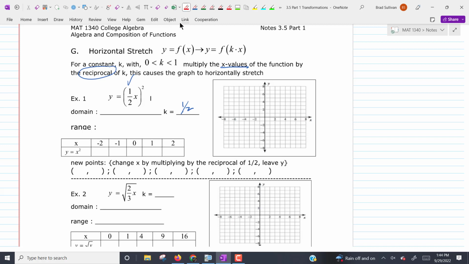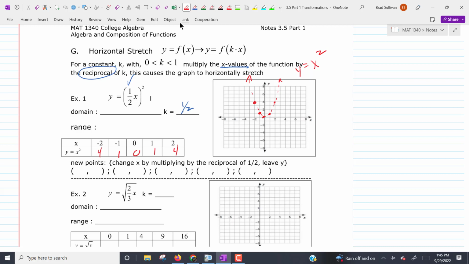The elementary function, I think we're not having much trouble with that. This would be 4, 1, 0, 1, 4. So go ahead and plot your points. We have -2, 4, -1, 1, 0, 0, 1, 1, 2, 4. And that's y equals x squared.